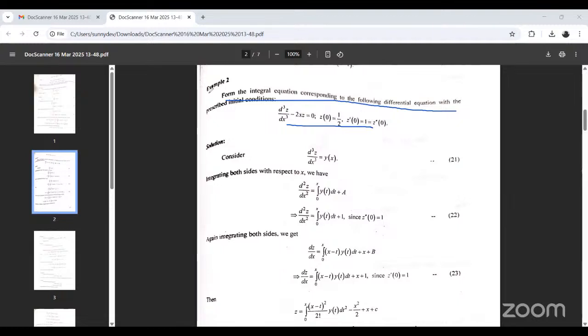Same as every problem, we should do the same thing. First we take d cube z by dx cube equal to y of x. Now integrate both sides with respect to x.